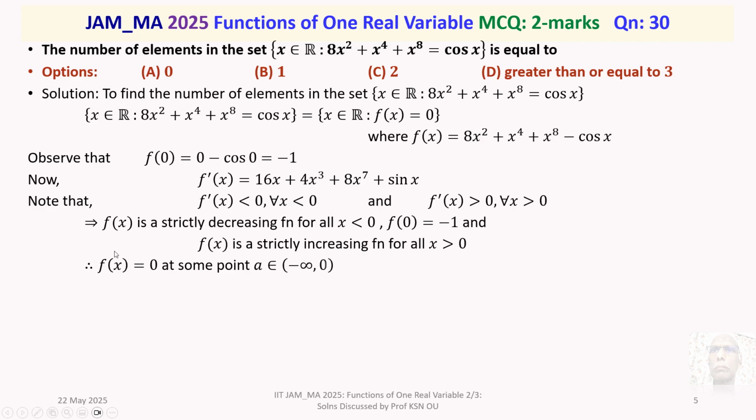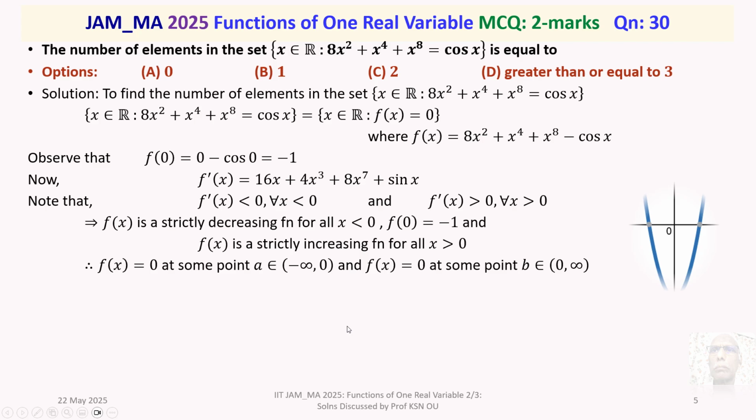So therefore f of x is equal to 0 at some point a belongs to minus infinity to 0. That means it crosses the negative real axis exactly once, and f of x is equal to 0 at some point b belongs to 0 to infinity. That means it crosses the x-axis exactly once on the positive side. So the graph looks almost like a parabola.